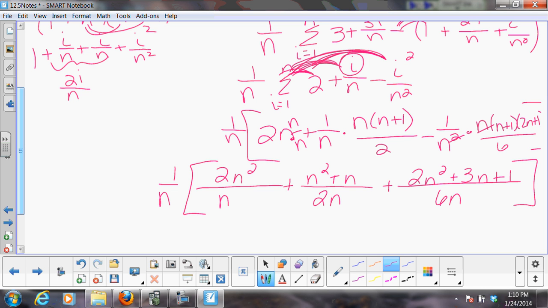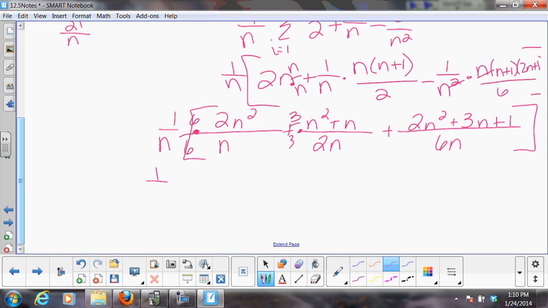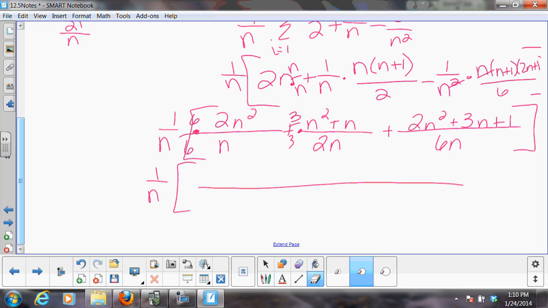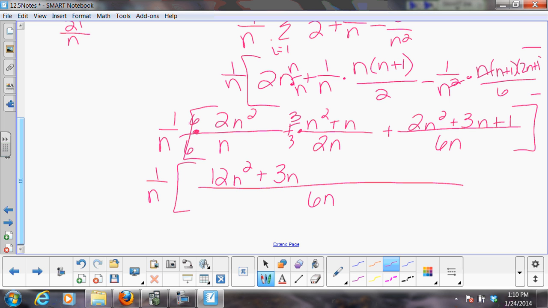Okay, well, the first term, common denominator would be a 6n, so this one needs a 6 over a 6, and this one needs a 3 over a 3. So our common denominator is 12, oh, not 12, 6, 6n. The first part is 12n squared. The middle fraction is 3n squared plus 3n, and the last fraction stays.